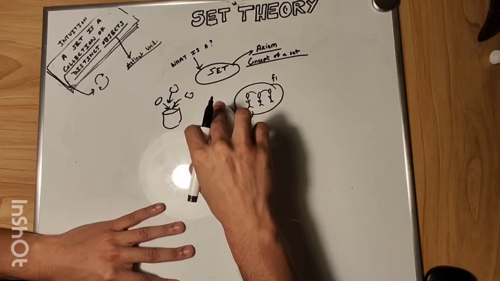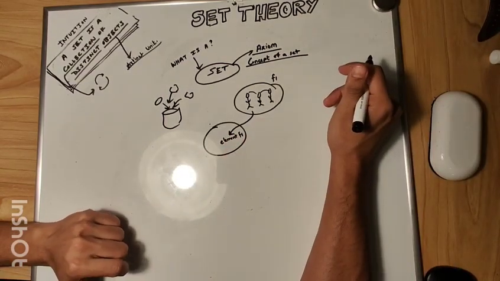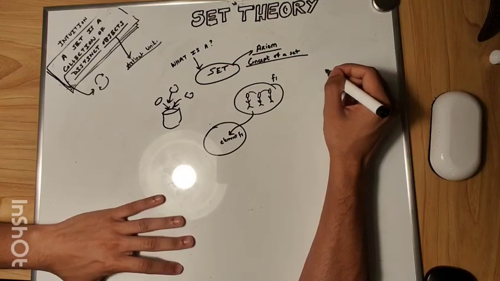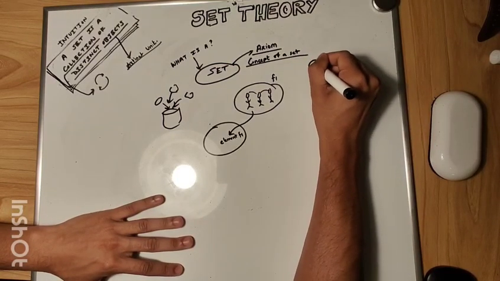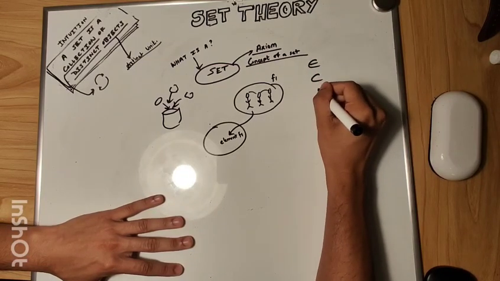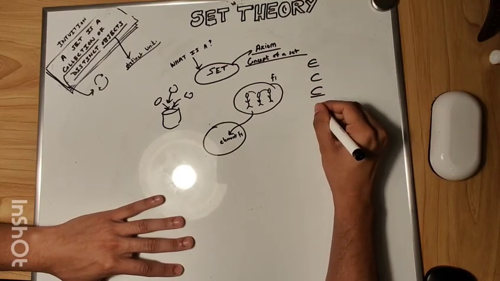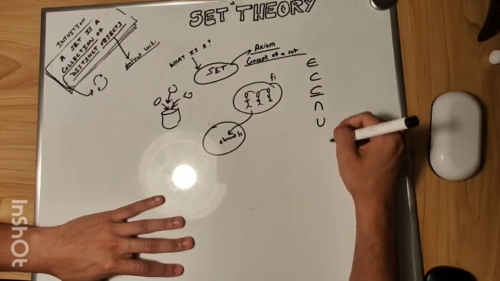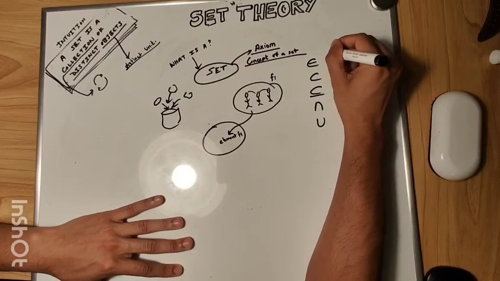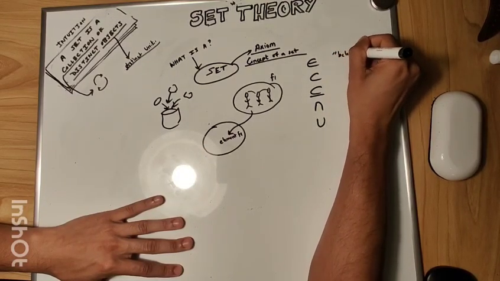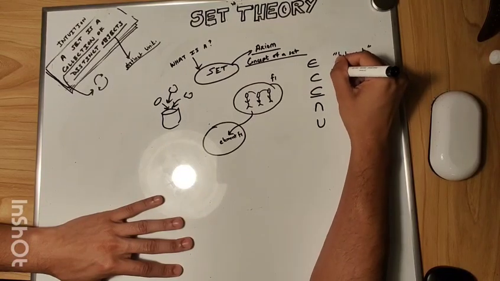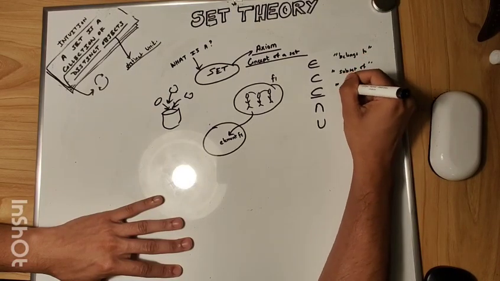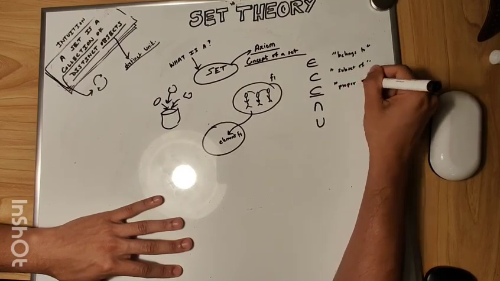But this gives us an opportunity of delving into some of the lingo and jargon associated with sets. So I'm just going to quickly write down all the jargon that we are going to deal with. All of these are symbols, by the way. This is read as belongs to. This is called subset of. This is a proper subset symbol.